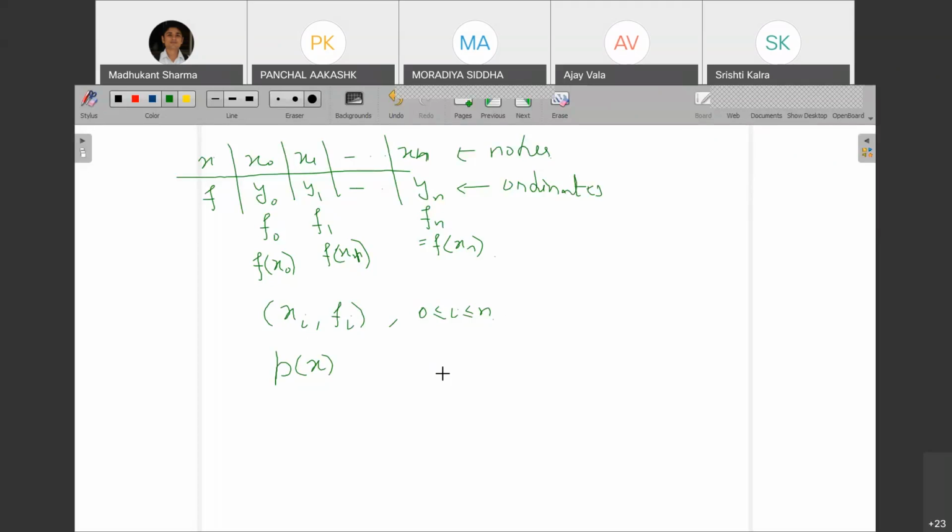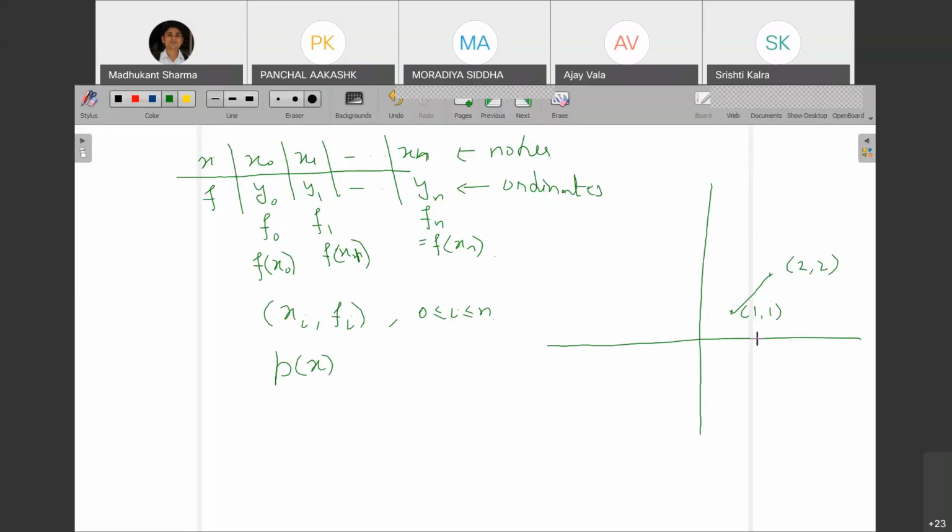Let's say you have a point here, this is 1 comma 1, and let's say this is 2 comma 2. If you fit this, you can fit by a polynomial, a straight line passing through these, so y equal to x, which is very well known.